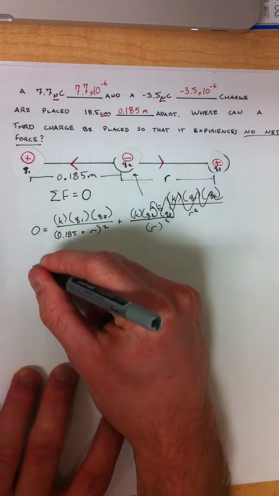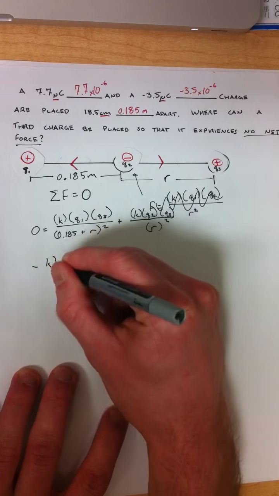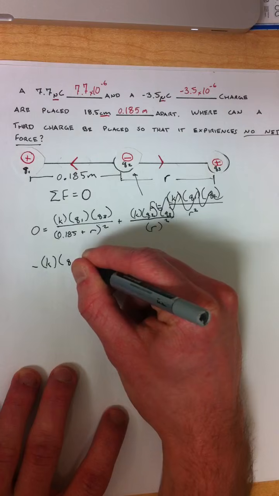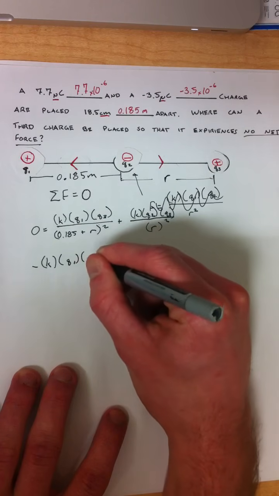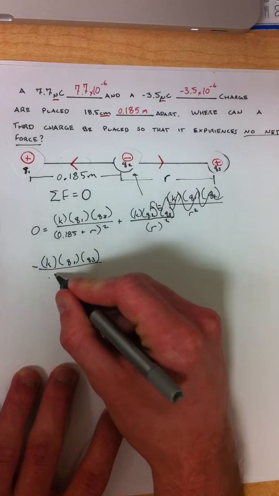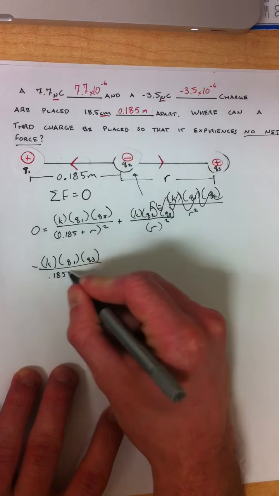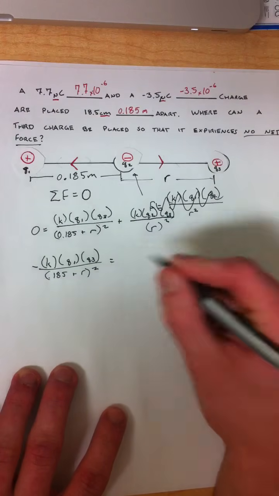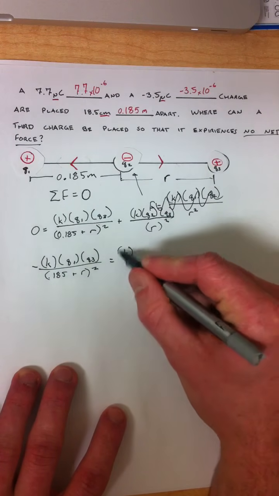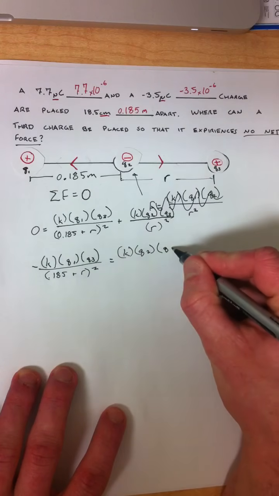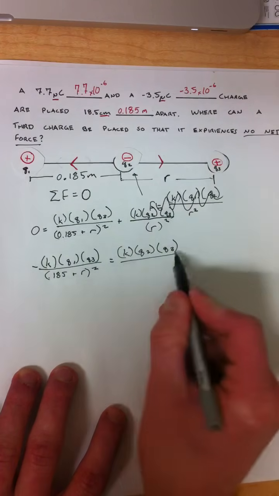So we can do negative K times Q1 times Q3 divided by (0.185 plus r), all values squared, equals K times Q2 times Q3 divided by r squared.